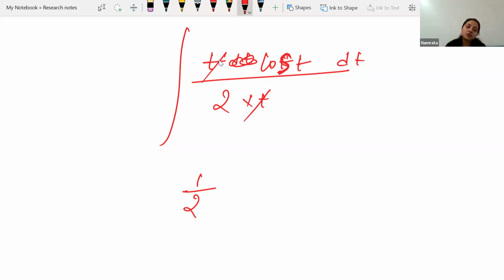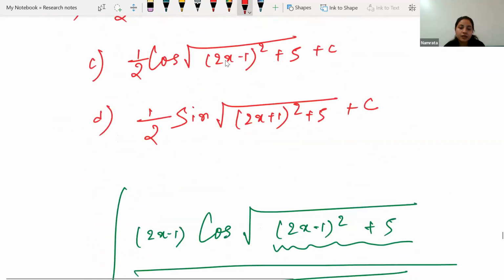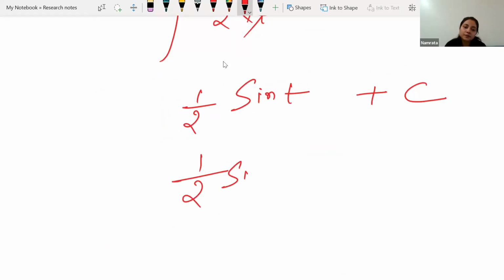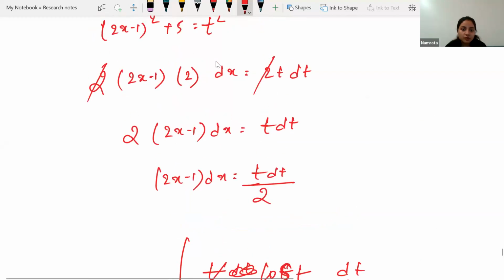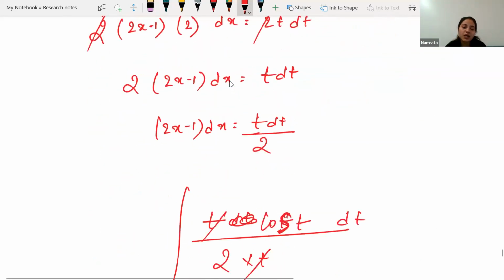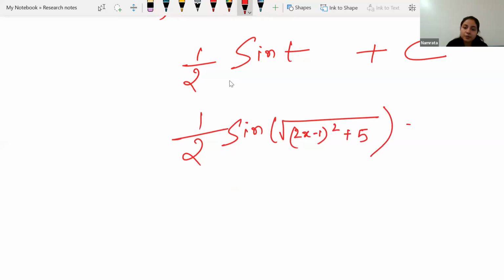What is the integration of cos t? Is it minus sine or sine? Sine, positive sine. So we will be writing sine t. 1 by 2 sine t, t is under root 2x minus 1 whole square plus 5, plus c.